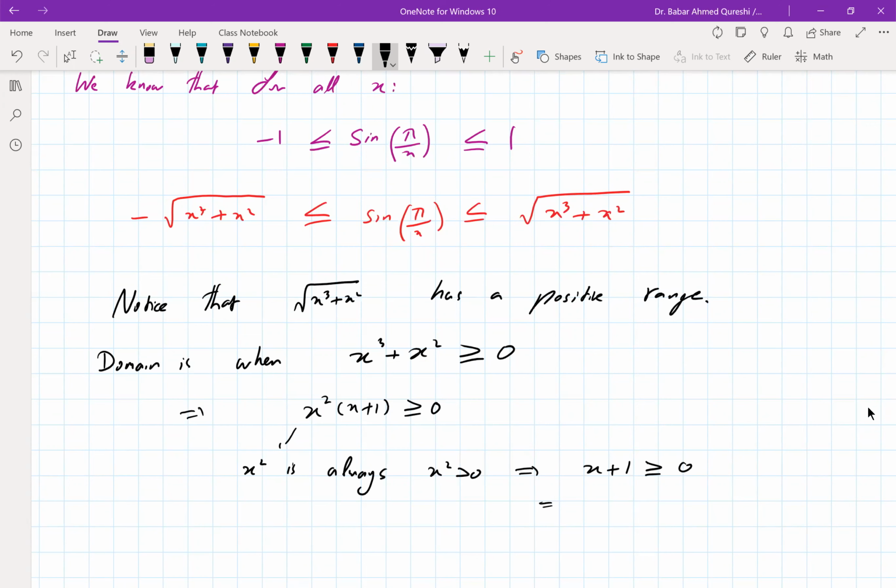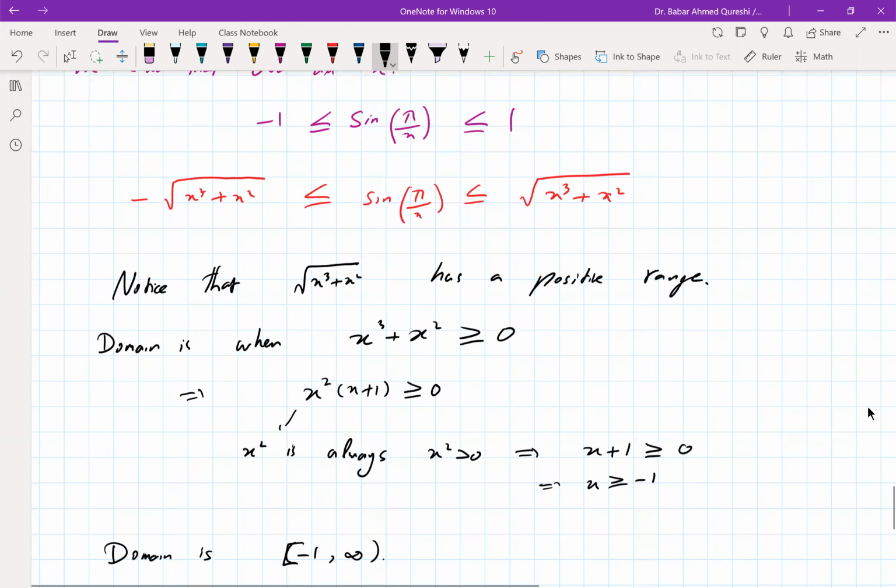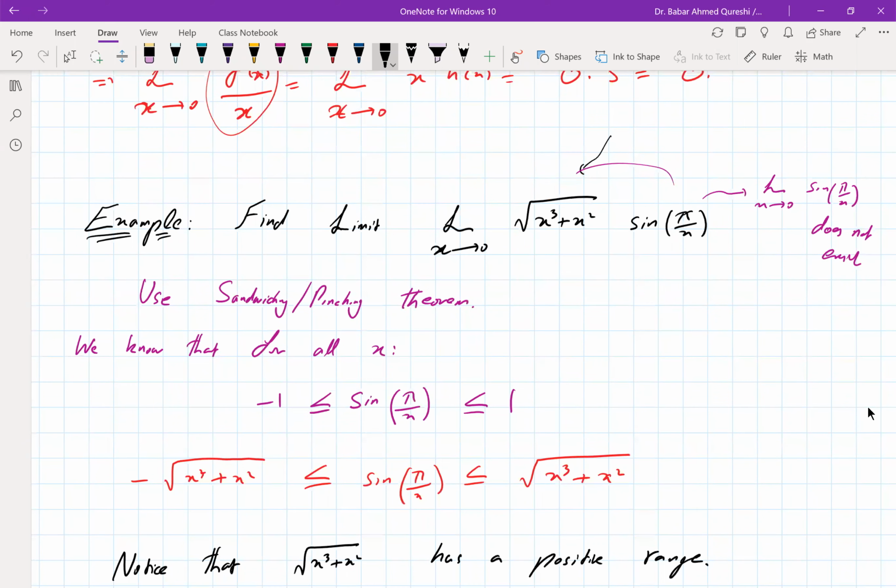That means x has to be greater than -1. So the domain is this, and that's a good thing, because if we want to find the limit at a point, we need at least some small interval around it.